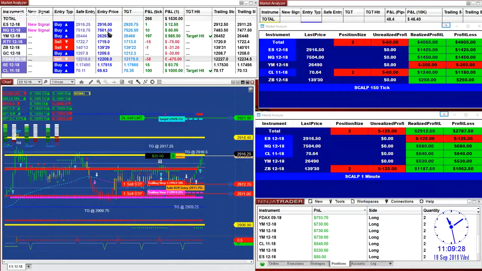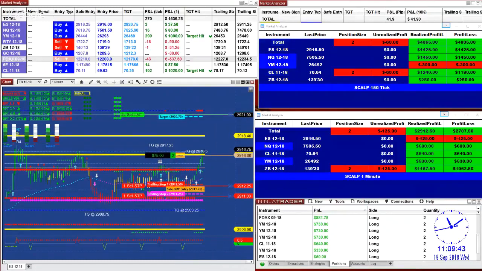On the pullback re-entry, you have 29.16 as a re-entry and 75.0150 as a re-entry point. So right now we are in those trades on the Nasdaq and ES.